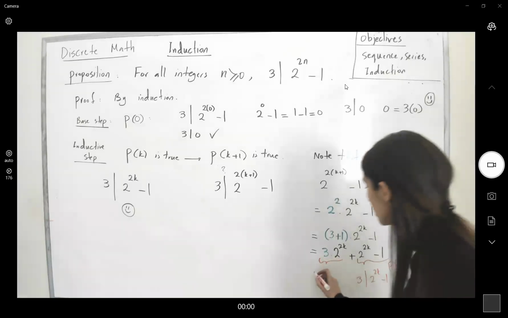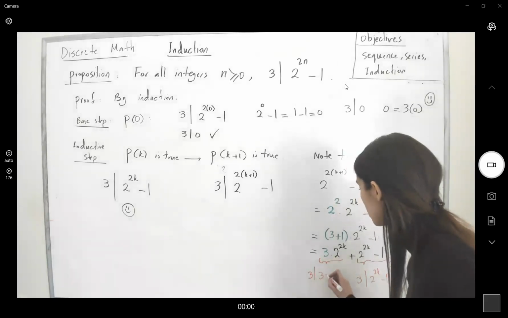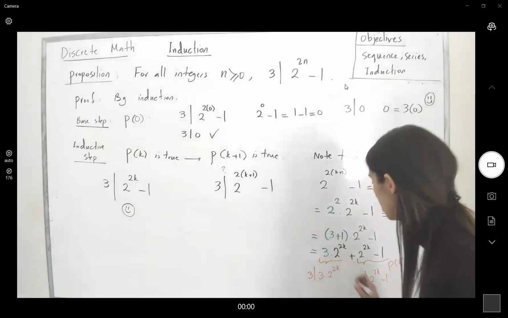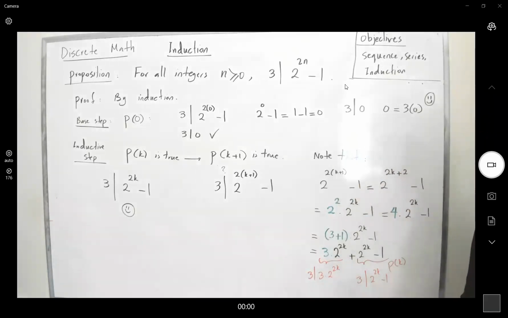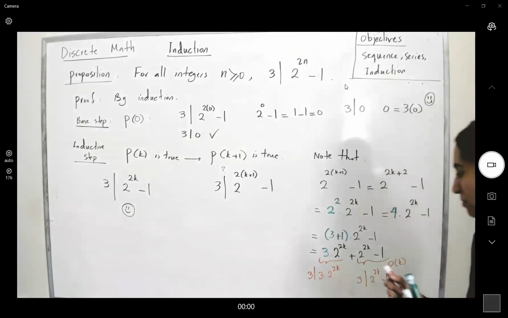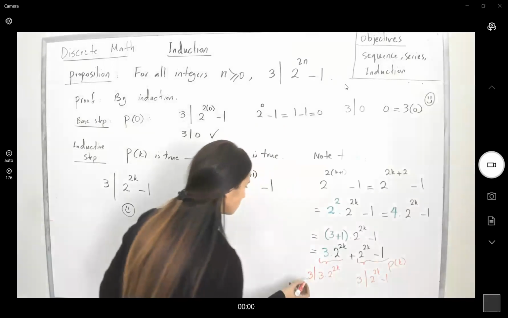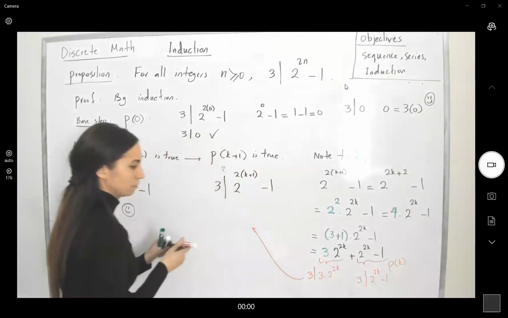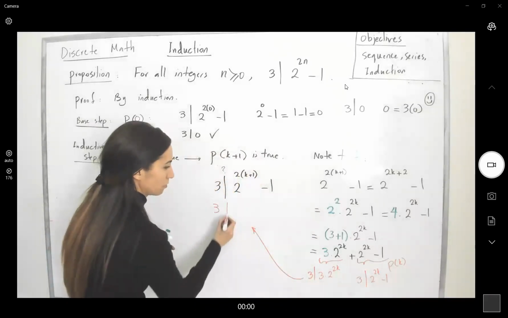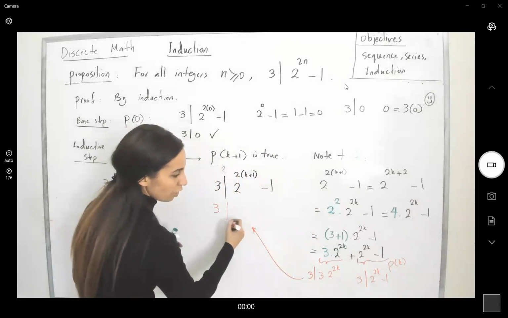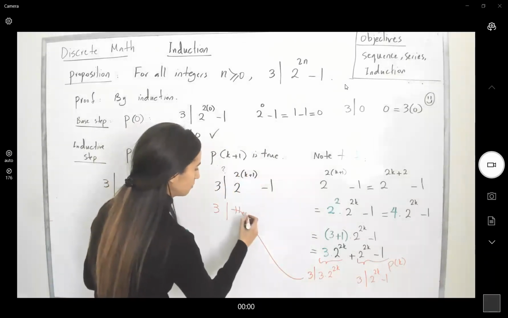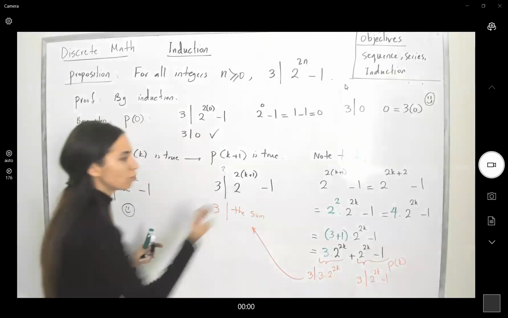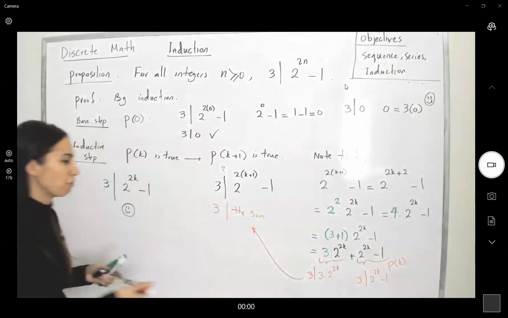So of course 3 divides 3 times 2 to the 2k. If 3 divides A and 3 divides B, then 3 divides A plus B. Three divides the sum, which is equal to 2 to the 2k plus 2, minus 1.